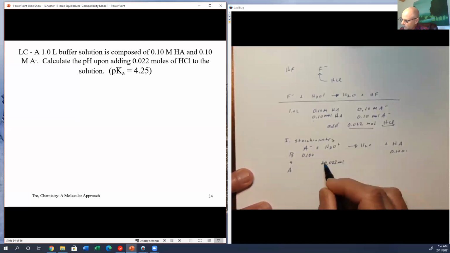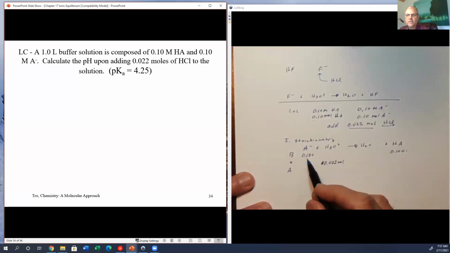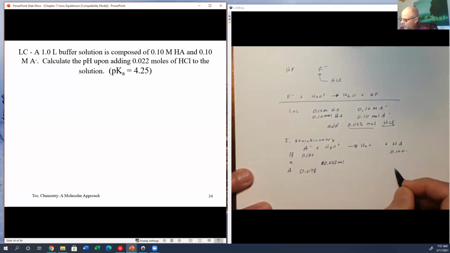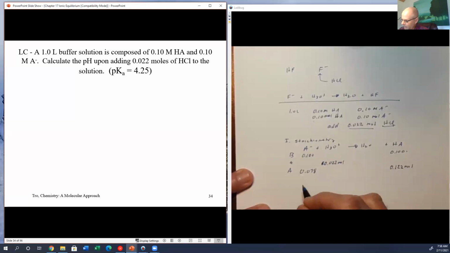Sorry, I didn't mean to put the plus sign there. That just means that's what we're adding. So A minus is going to decrease by 0.022 moles, ending up at 0.078 moles. HA is going to increase by 0.022 moles, so it's going to be 0.122 moles.